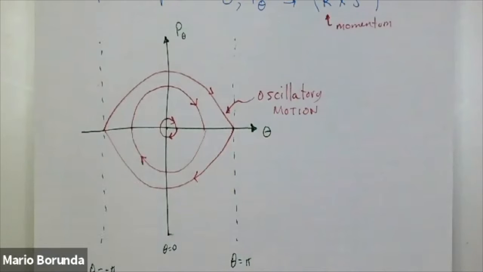If you're at 0 momentum here, at some angle here, and then you let it go, it's going to go like this, right? So when it's at 0 angle, it's going to have some momentum in that direction. So it's going like that. And then it's going to get all the way to this point where it's 0 momentum at this angle over here.